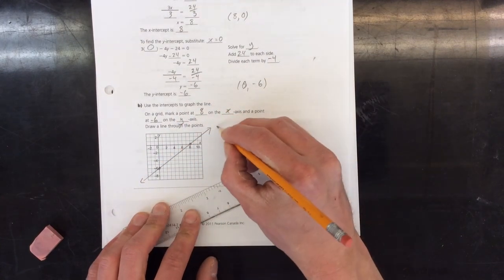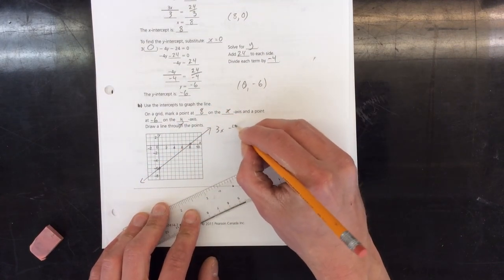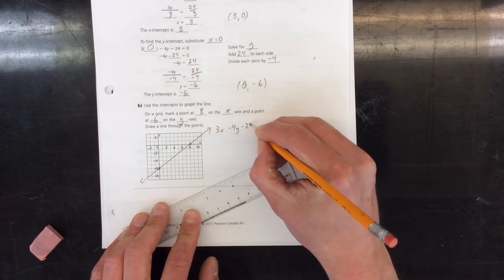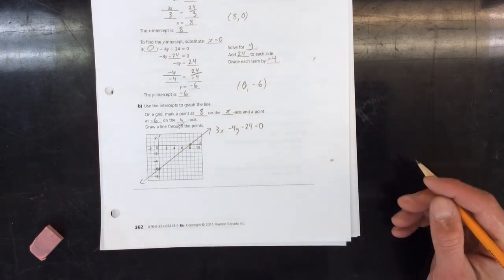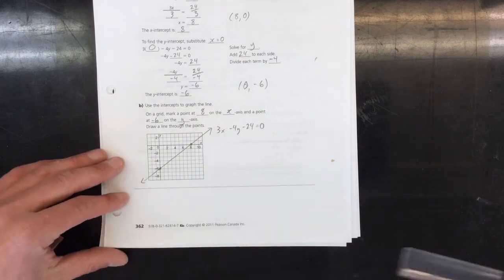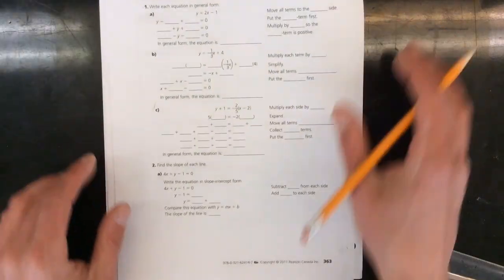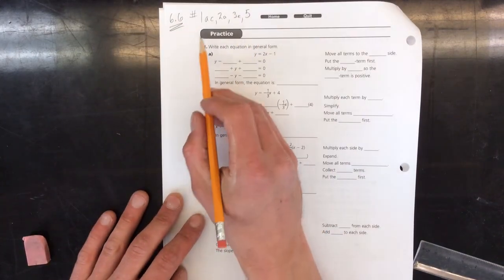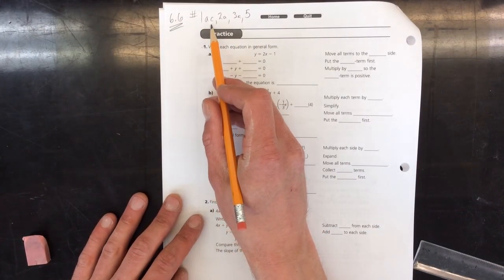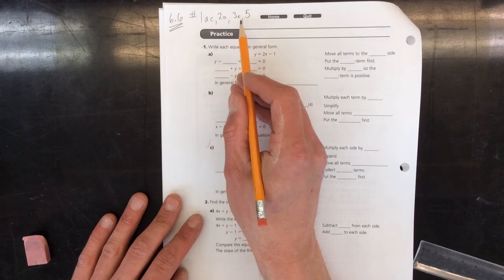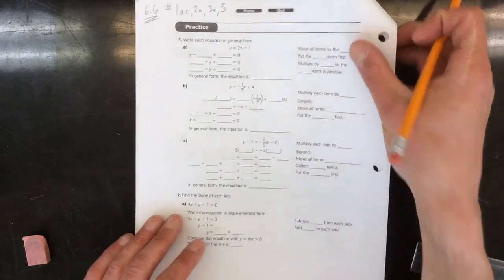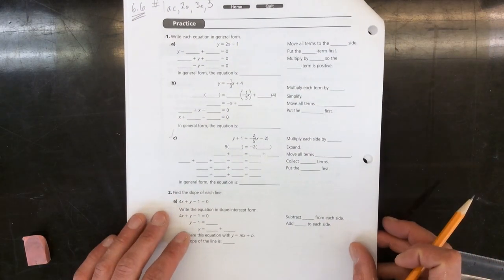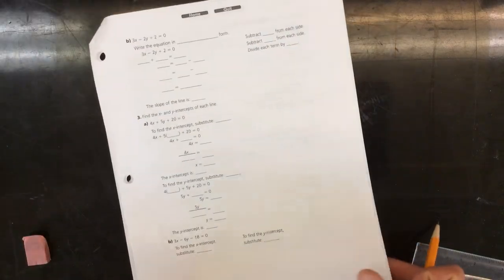I still like to label it with my equation in any form that I have. Okay, so there's section 6.6, general form. Your assignment is number 1, A and C, 2A, 3A, and number 5. Good luck. Let me know if you need help. And we'll do the chapter review after this.